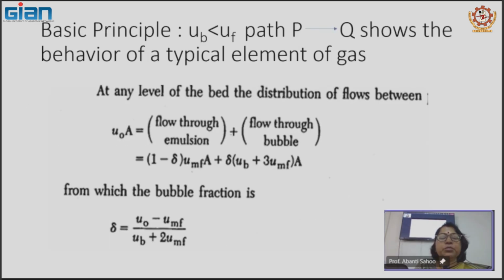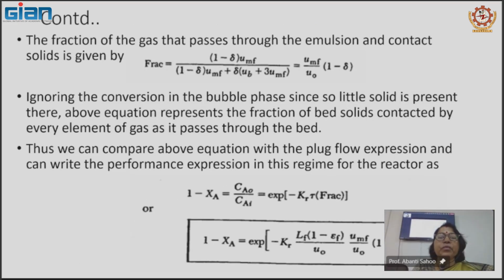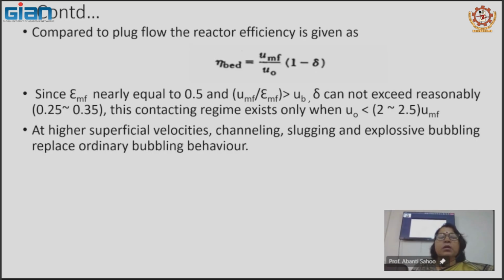If you are taking u0 as 2 to 2.5 times UMF, if you are substituting 2 times UMF here, in the numerator only one UMF will be there, and here UB also, as it is u0 at 2 to 2.5 times the velocity.